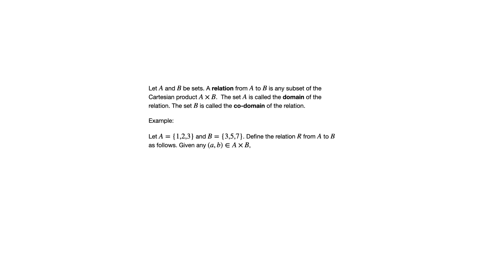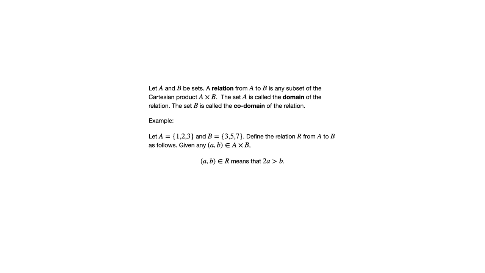Let's look at an example. We've got one set consisting of the elements 1, 2, and 3. We're calling that first set A. The second set B consists of the elements 3, 5, and 7. We want to define a relation from A to B in the following way. We have this rule, and we say that the ordered pair (a, b), lowercase a, lowercase b, is in the relation provided that 2a is greater than b.